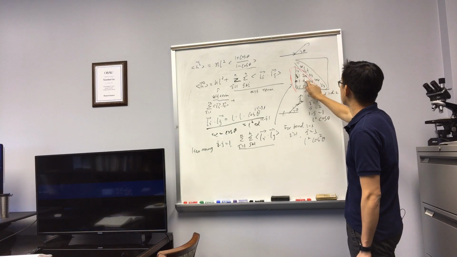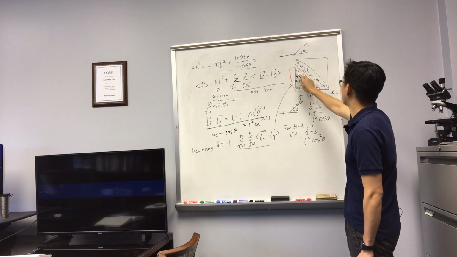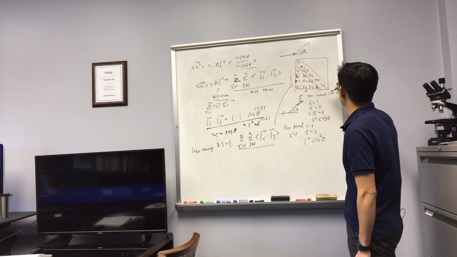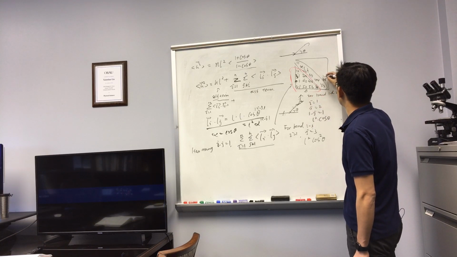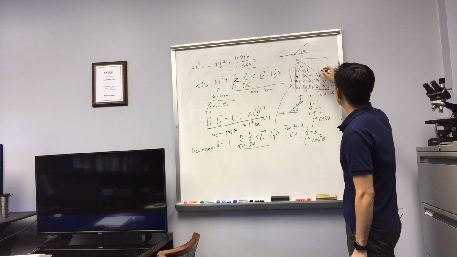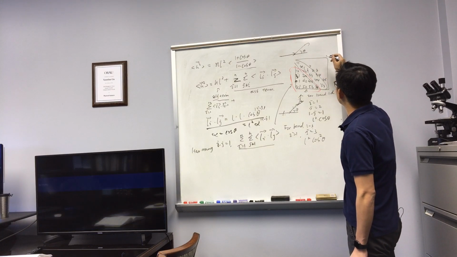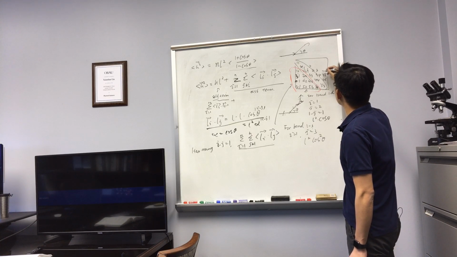So if you count using this example, you will have 1,2, 2,3, 3,4, 4,5. And symmetrically, you're going to have 5,4, 4,3, 3,2, 2,1.